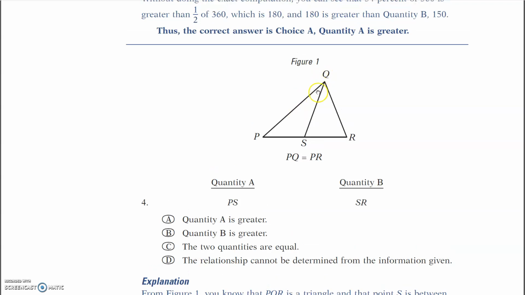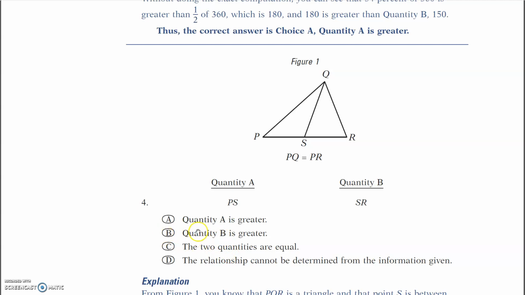Now, from what I read here, the only thing I can guarantee is that PQ is equal to PR. That means the distance here is the same as the distance here. I cannot give you accurate information about this place or this place.